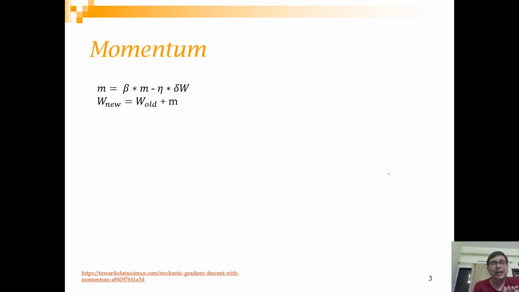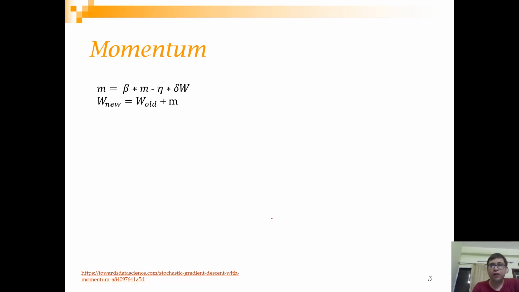All right. So now what we see is the concept of momentum. As I said, stochastic gradient descent has a problem of noisy gradients, because as you calculate the gradient for each observation, the gradient will be quite diverging, right? When we have a very noisy signal, what we do is we take an average, a moving average. So momentum just gives that concept.